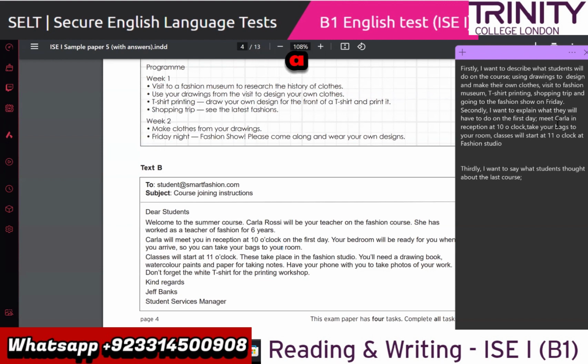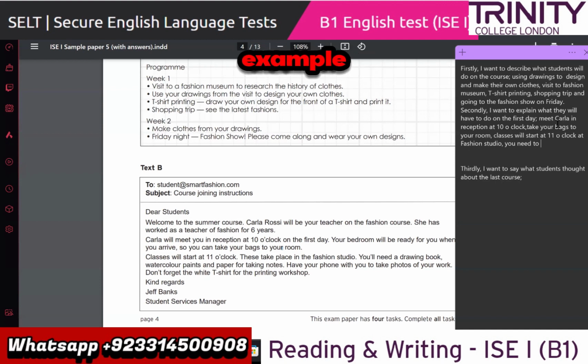You need a drawing book, watercolor paints, and paper for taking notes. Okay, so now you need stationery to take notes, right? Or you may also write all of this, but we can't write everything. So I would use the word stationery, that includes drawing book, pencils, everything.